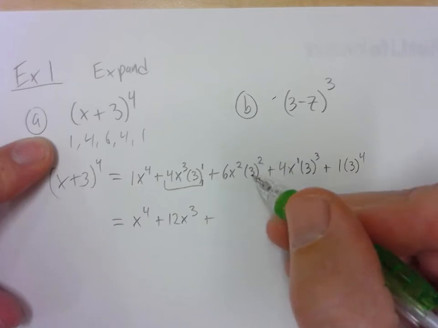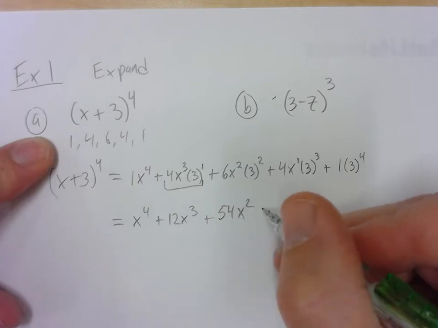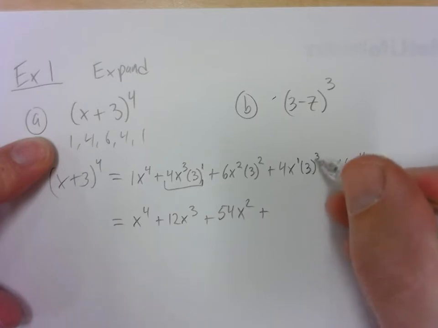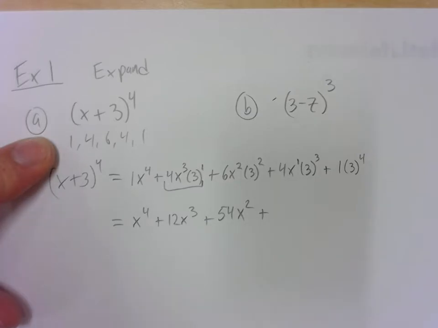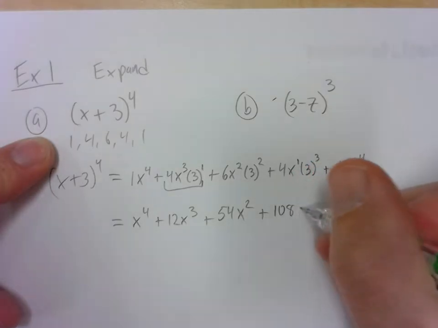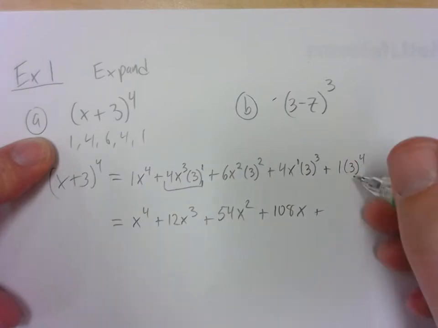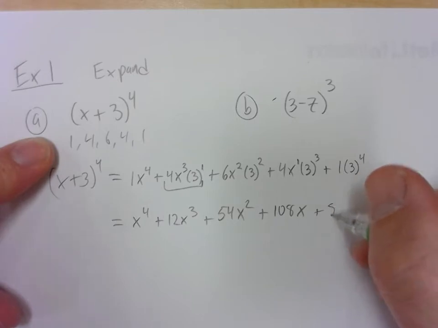So we're going to get 9 times the 6, which is 54x squared, plus 27. 27 times 4 is 108, right? Yes, 108x to the first, so we don't really need a first there, plus 3 to the fourth power is basically 9 times 9, which is 81.